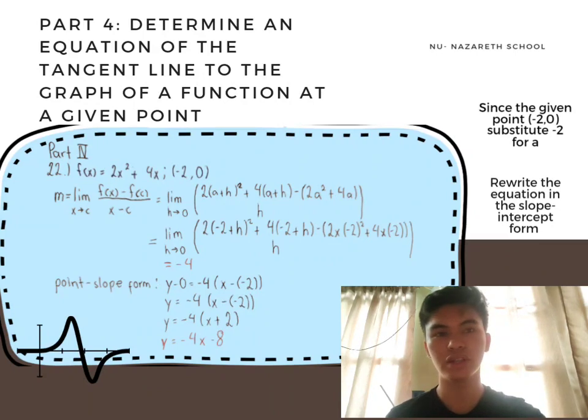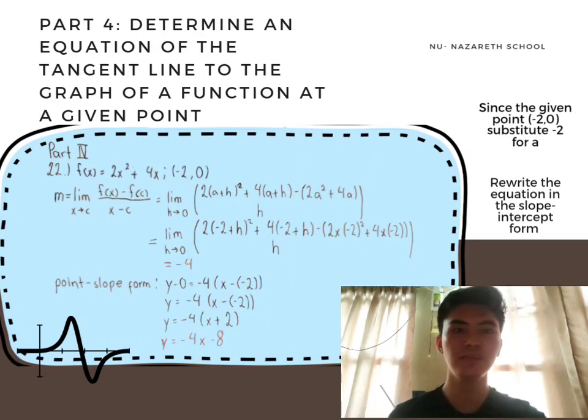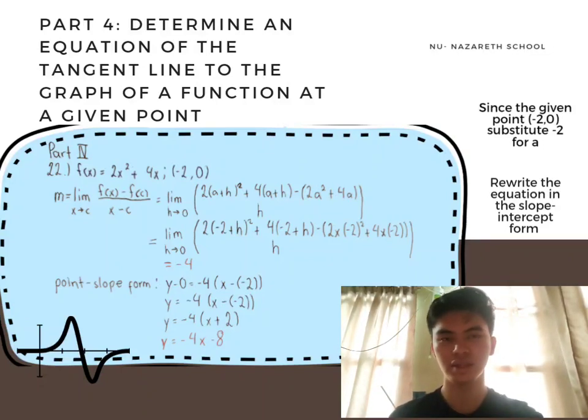Since the given point is negative 2 and 0, I substitute negative 2 for a. So my a is negative 2.